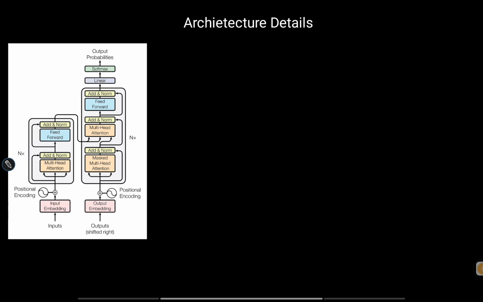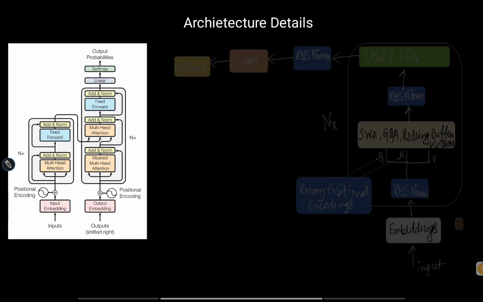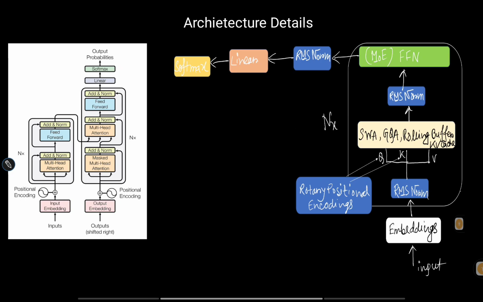In the case of Mixtral or Mistral, we have this architecture. The paper which talks about Mistral does not have any architecture diagram, so I drew this myself. This type of architecture we call a decoder-only architecture. The input goes through the embedding layer, then we have the RMS norm.